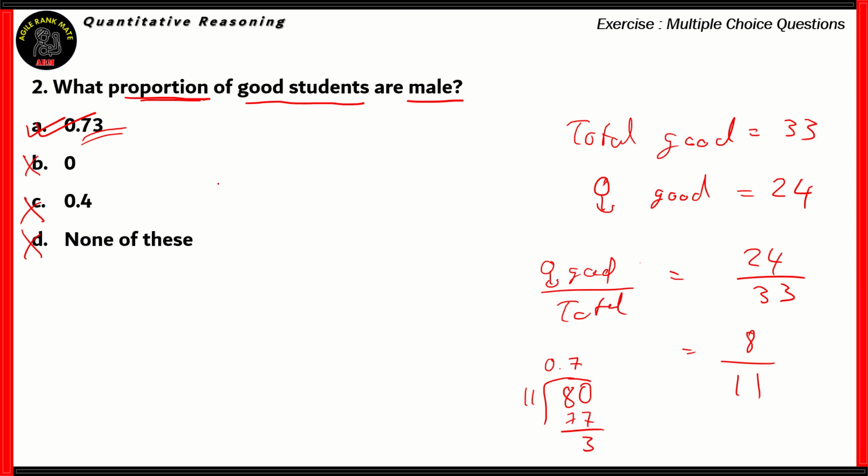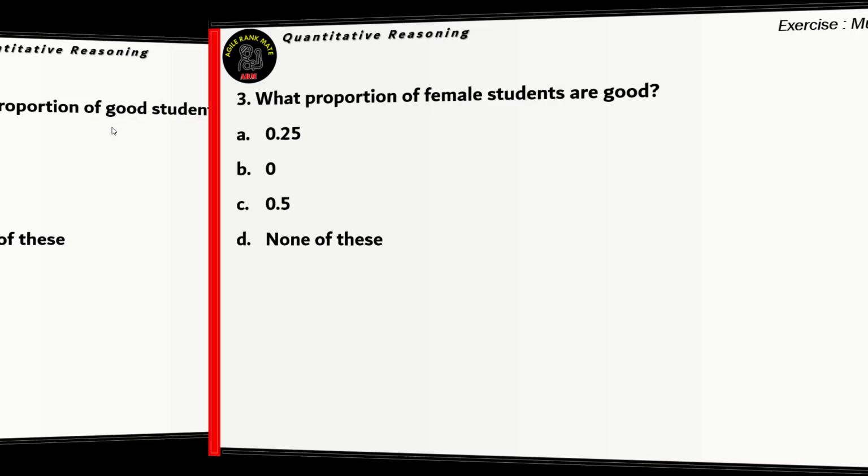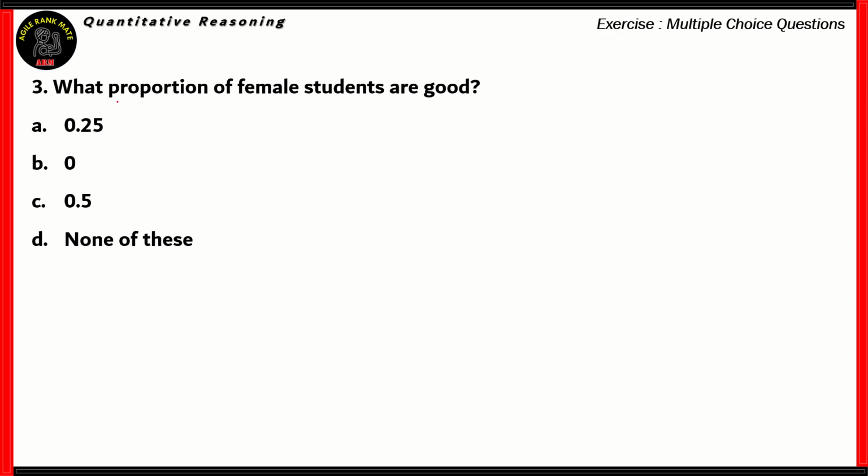The proportion of good students being male is 0.73. Now, the next question. What proportion of female students are good? This might look like the previous question, but over here, we will take the total female students and use it to divide the number of good female students.